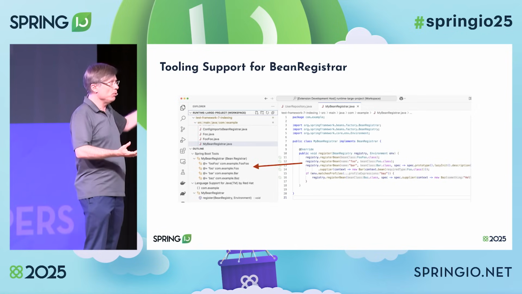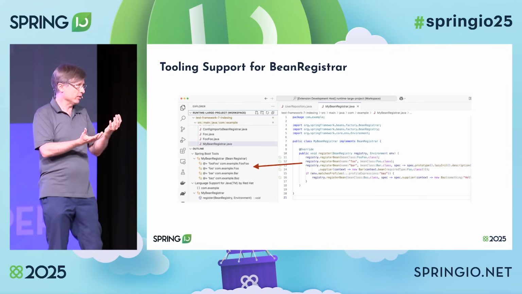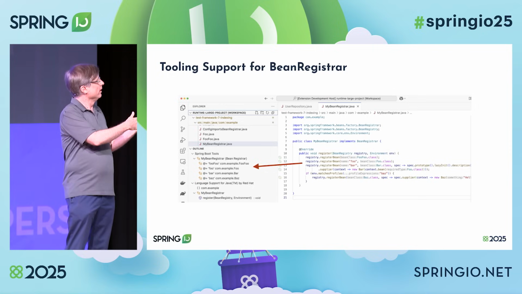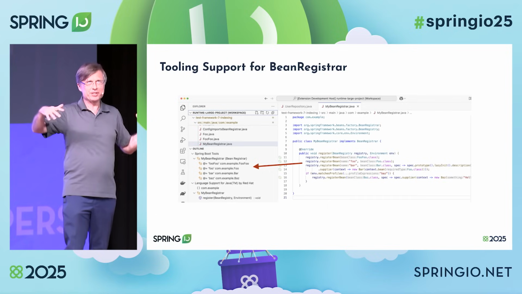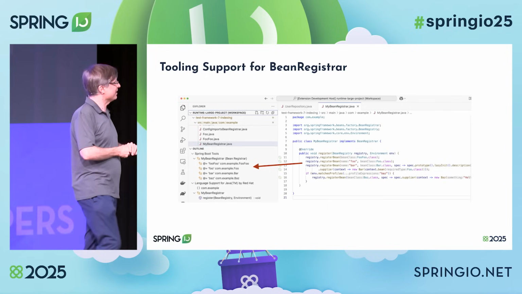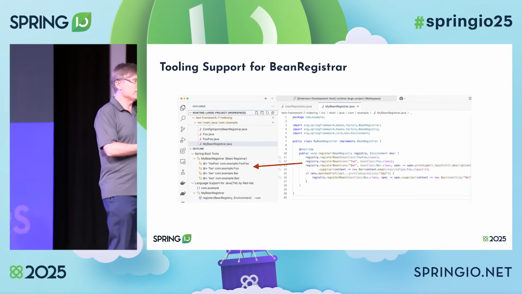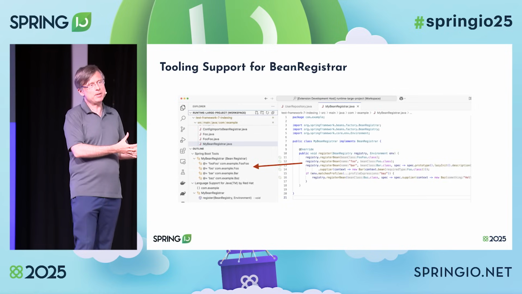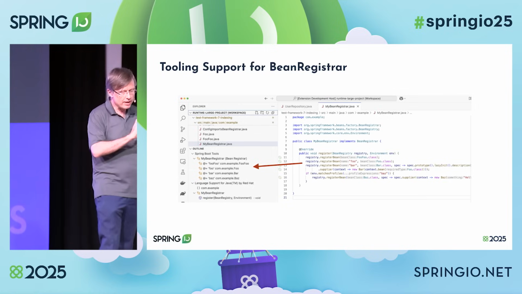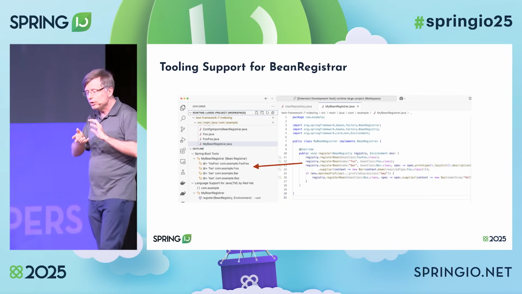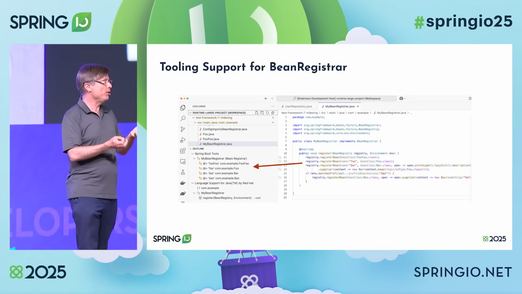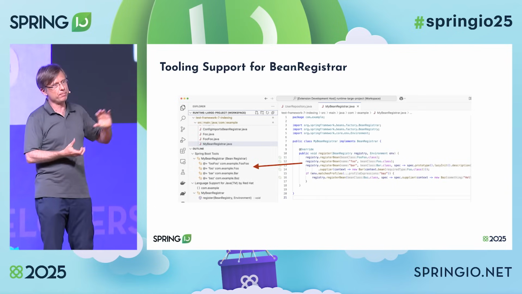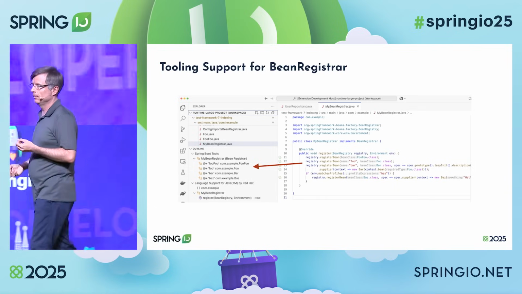So in the beans view, in an overview of beans that are going to be present at runtime, common tooling will understand it, so that it understands these register bean calls just like they understand add-bean methods on configuration classes. So you're going to have a unified tooling experience even if you replace a certain configuration class with a bean registrar or vice versa.